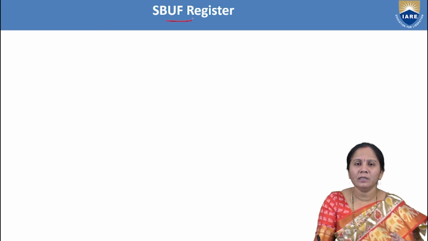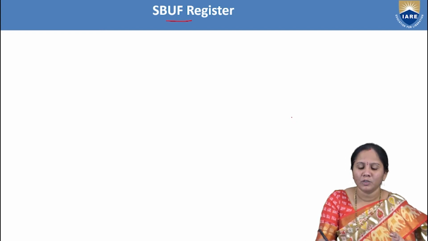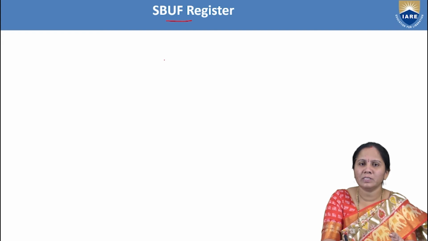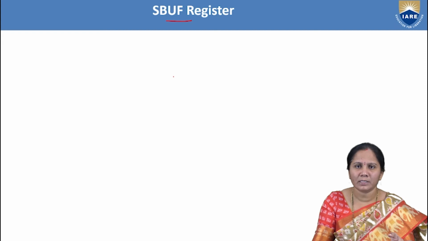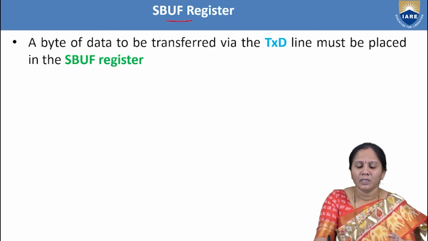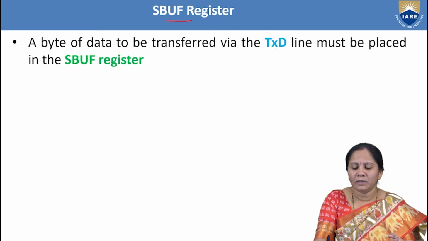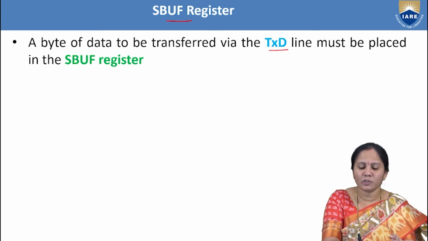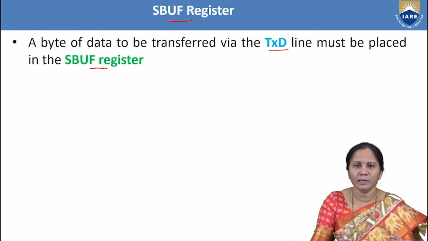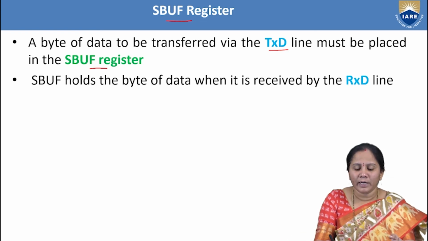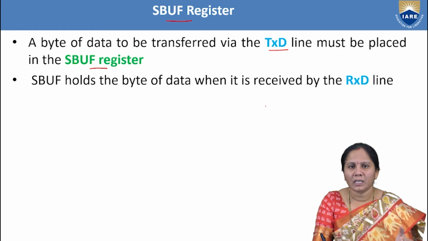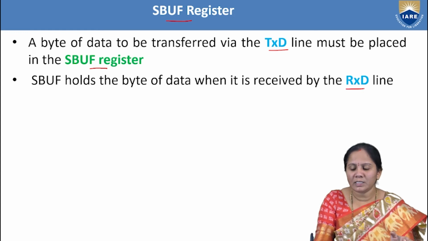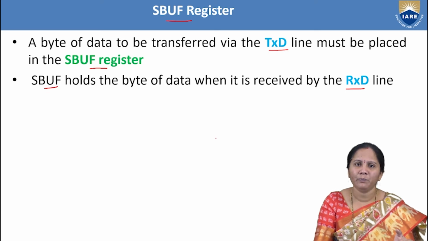The first register is the SBUF register. We will see how this SBUF register is present at the transmitter and receiver ends. The byte of data to be transferred through the TxD signal first has to be put in the SBUF register, and then it is transmitted. At the receiver end, one SBUF register will also be there.